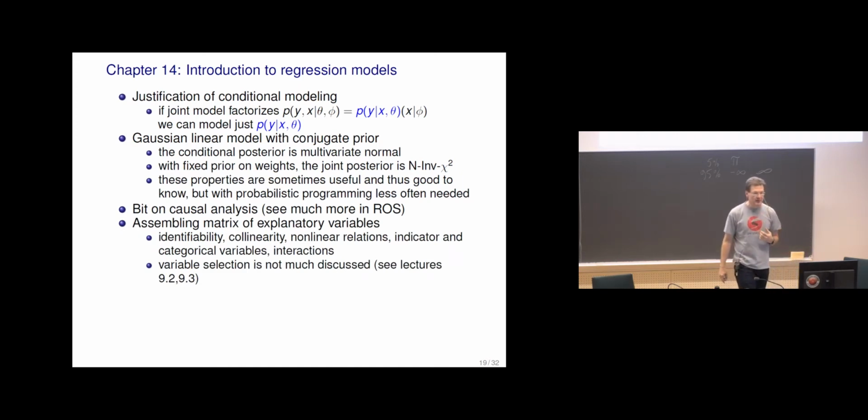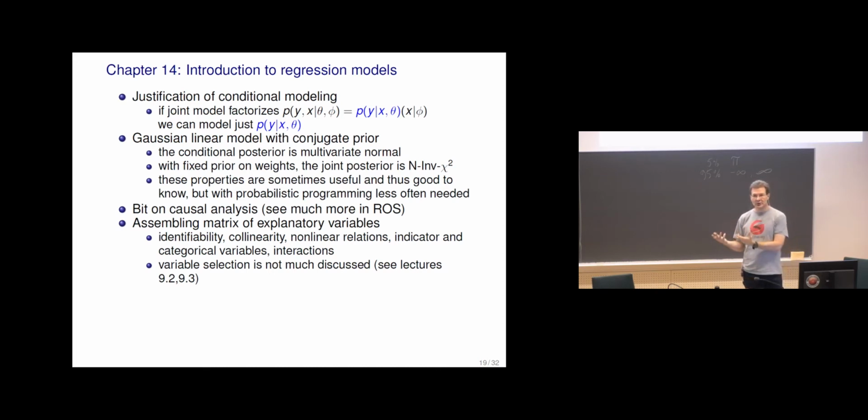There's assembling the matrix of explanatory variables. You have probably had other courses about feature selection too, and it briefly discusses identifiability and collinearity, which leads to these posterior dependencies, like in the body fat example.